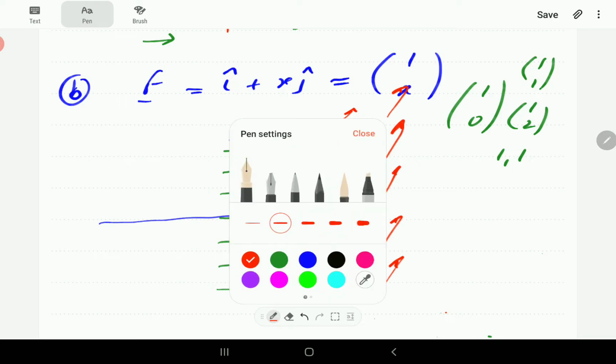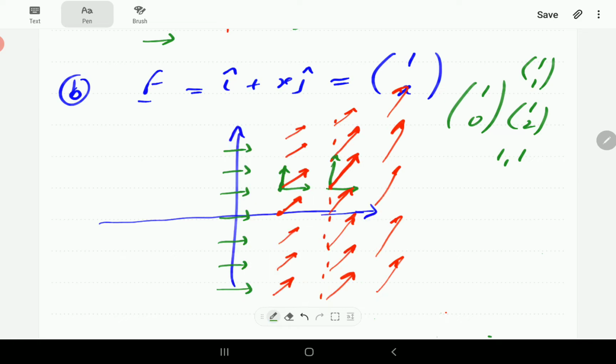Now let's go to the left hand side of the origin. So suppose we take a vector here, a position where x is now -1. So remember the x component of this vector is always 1. So it's just the y component, but the y component is given by x. So now we're going to have 1 and -1 here for this vector.